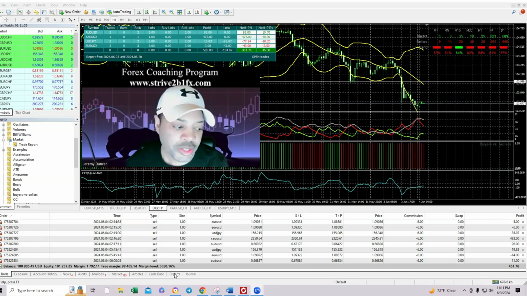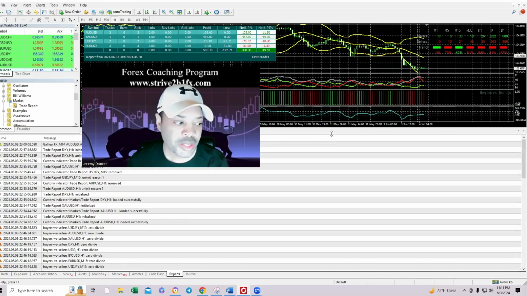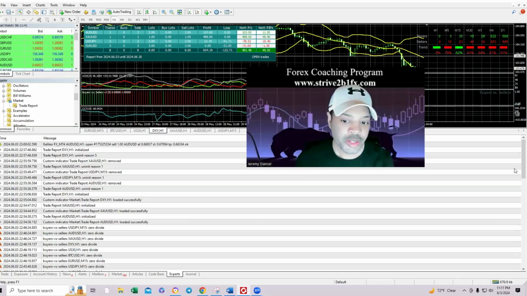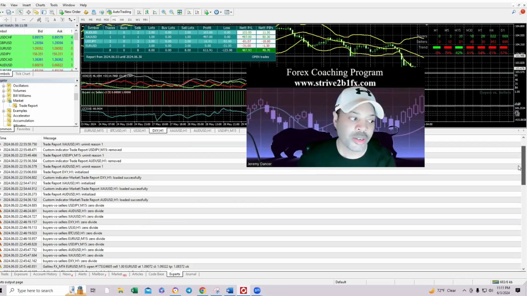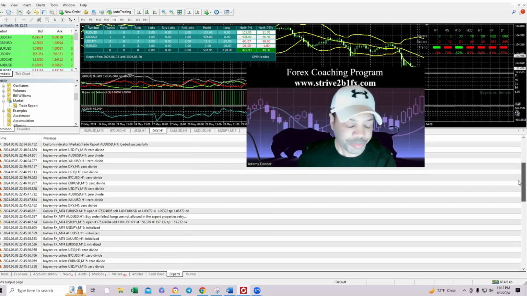You also know that it's Galileo because if I click on the experts, you can see all the trades that were opened from Galileo as well. So you can see right here, Galileo opened a sell on AUD USD. This way you can see that I am in fact using Galileo. I'm not just making up this stuff. I am a real Galileo user.